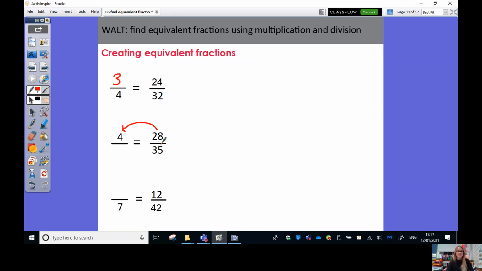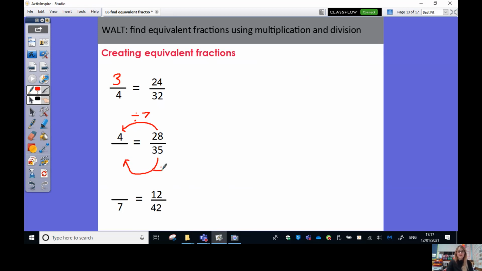Hopefully you've managed to get 7. Fantastic. Some of us hopefully know our times tables quite speedy. So, I've made a mistake there, silly Miss Jones, so I'm going the opposite direction now. So I've divided by 7, not multiplied by 7, so divided by 7. So because I've divided by 7 on my numerator, I need to also do the same to the denominator.